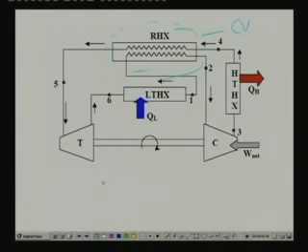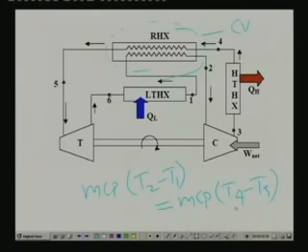Energy gained by the cold stream is nothing but mCp into T2 minus T1. This should be equal to the energy lost by the hot stream, which is equal to mCp into T4 minus T5. So, for this cold air standard cycle analysis, the Cp value remains the same and the same mass is flowing. So, these values get cancelled.